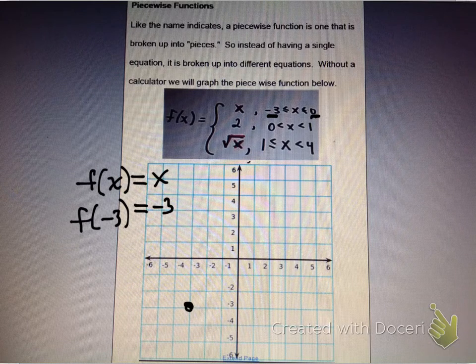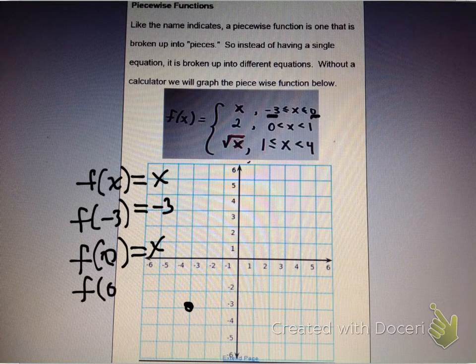Alright, now I'm going to plug in 0. So what is f of 0? Well, f of 0 equals 0. So when you plug in 0 for x, you get 0 for y. And so I'm going to plot that point, 0, 0.